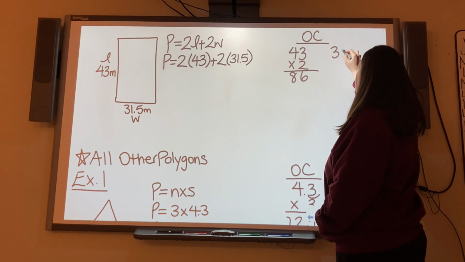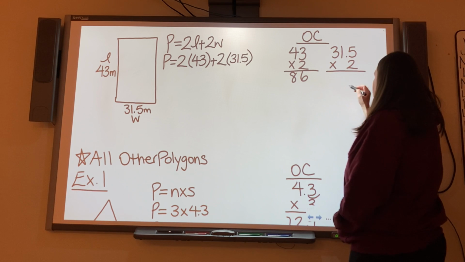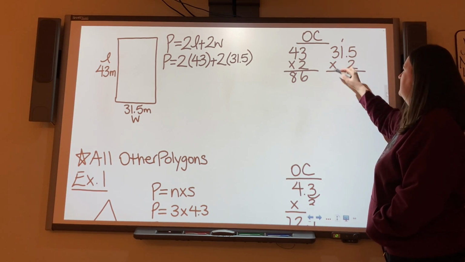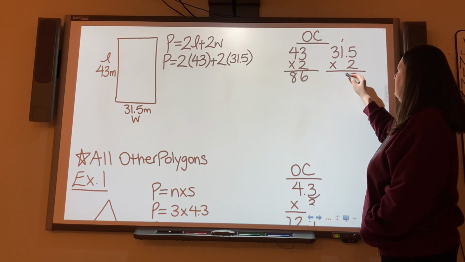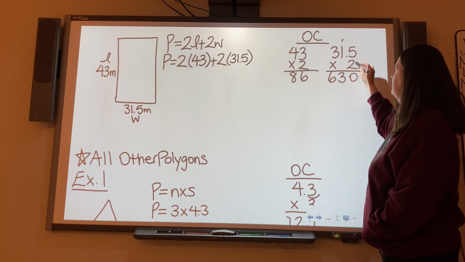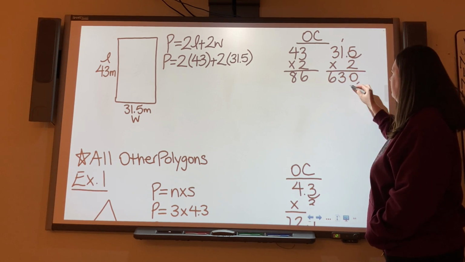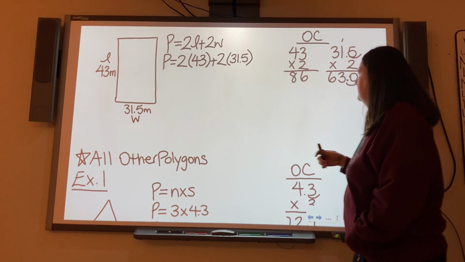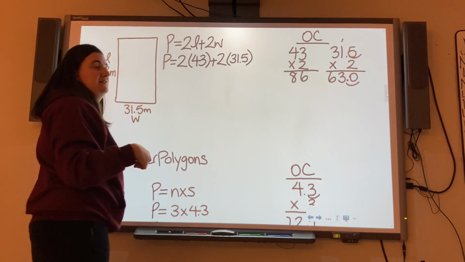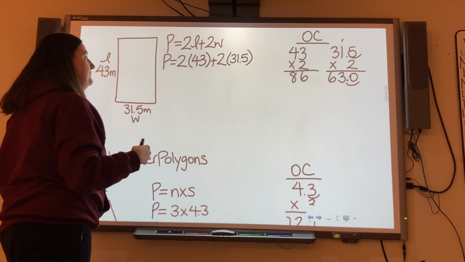And then 31.5 times 2. 2 times 5 is 10, carry your 1. 2 times 1 is 2, plus the 1 that I carried is 3. 2 times 3 is 6. 1 decimal point, 1 decimal point. So 63. I don't need the 0, it doesn't affect the value of the 63.